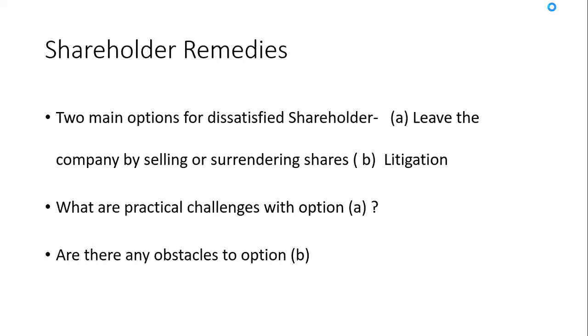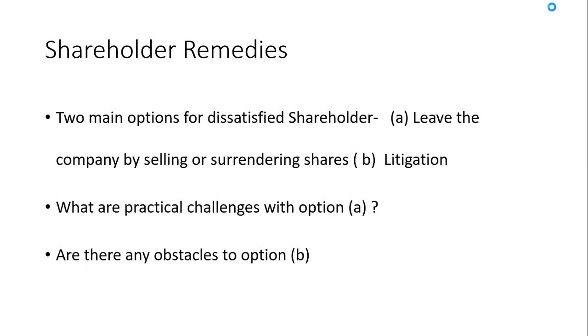So that one is easy. Or if it's a public company that is not listed, as some of you rightly pointed out, there are no restrictions on transferability of shares. So you are able to transfer.